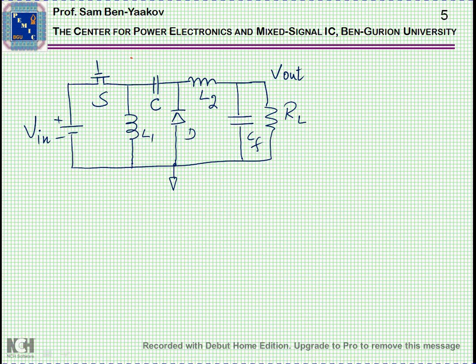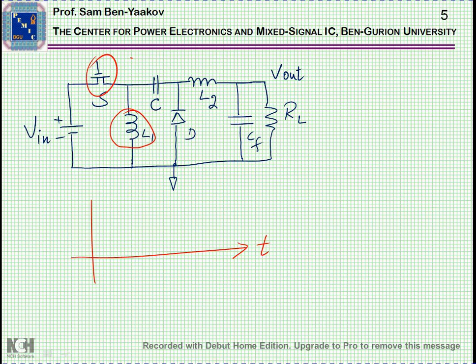Let's move now to the actual analysis of the Zeta converter, and let's have a look at the inductor L1 and see the voltages as a function of time that we are going to find during the on time and the off time. On time and off time refer to the switch.